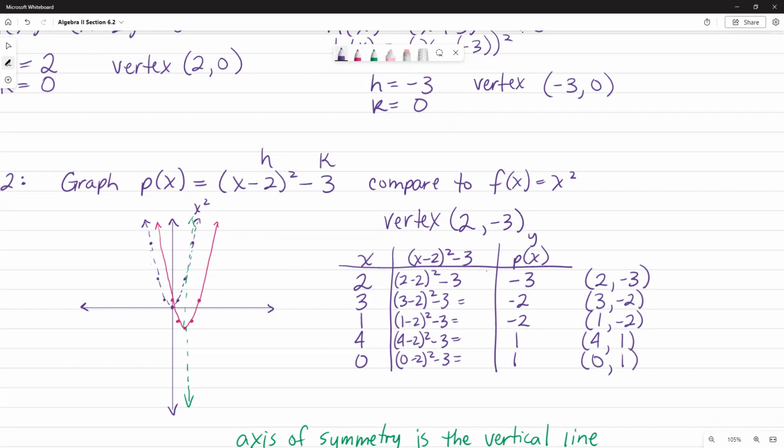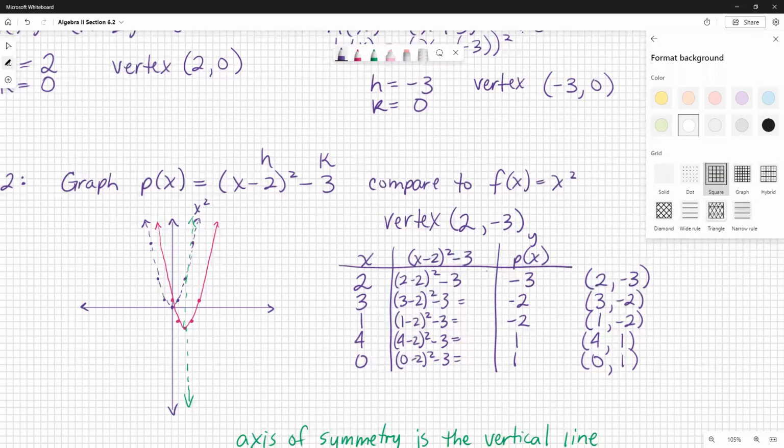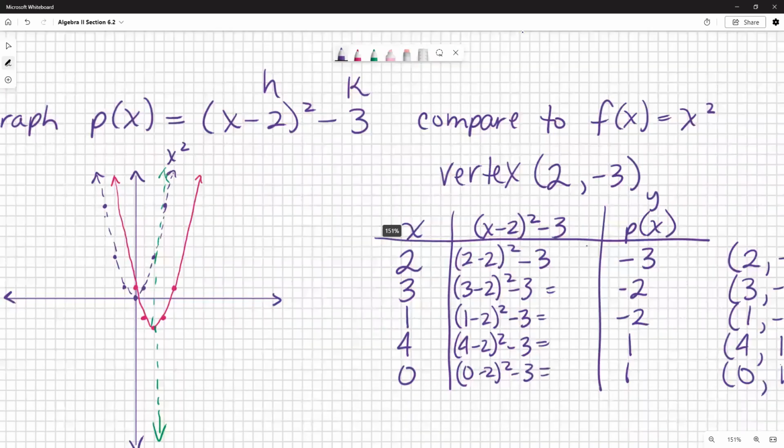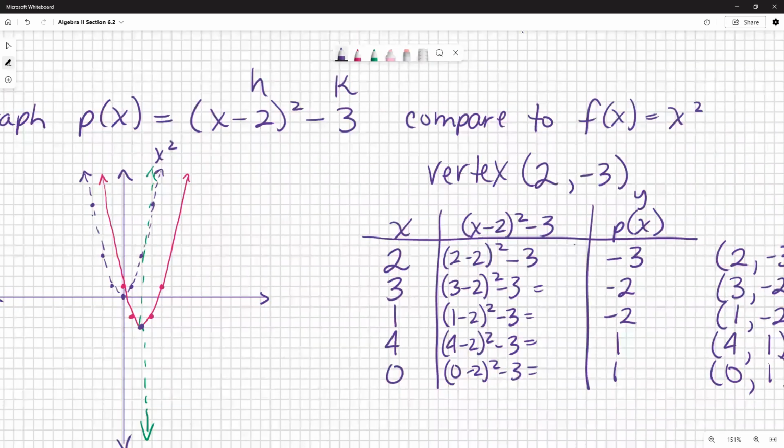Okay. Now, if you look at my graph, the pink is what I just created. Let's go ahead and look at this with the points. There we go. So the vertex does indeed fall at a positive 2, but negative 3. And then you can see as I go left from my vertex, I go up 1, left 1, and on the right also I go up 1, right 1.